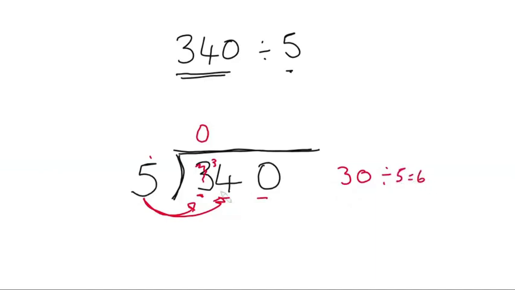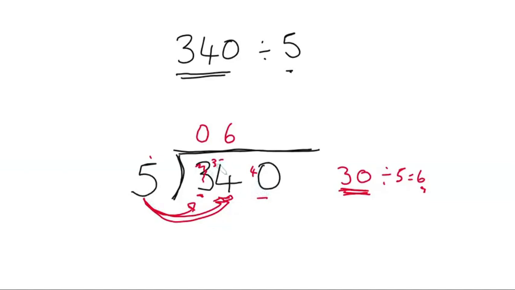Okay, we know that 5 can go into 34 6 times. Now we have an issue because there are some remainders, because we only went up to 30. So the remainder is going to be 4. Remember, it's 4 tens, not 4 ones.